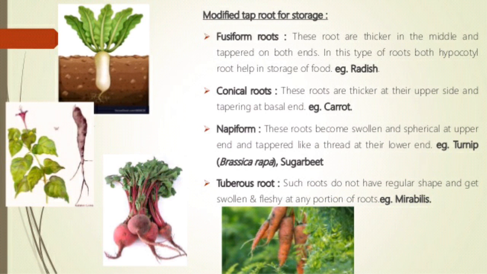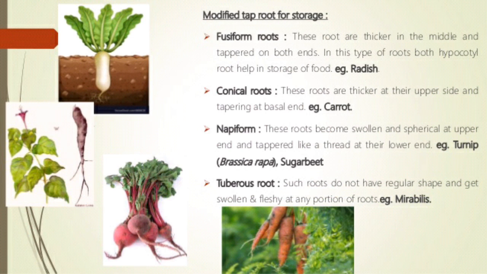Storage of food. Fusiform example is the radish. Conical roots. These roots are thicker at the upper side and tapering at the base. Example is carrot. Napiform. These roots become swollen and spherical at the upper end and tapered like a thread at their lower end. Example is turnip, sugar beet, etc.